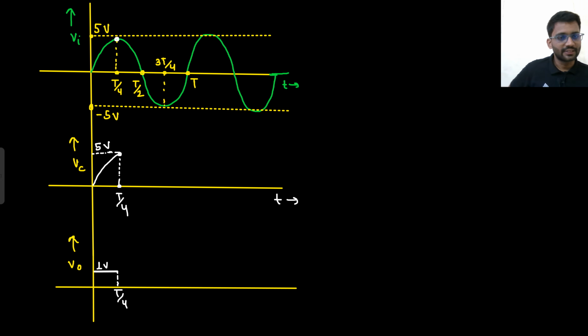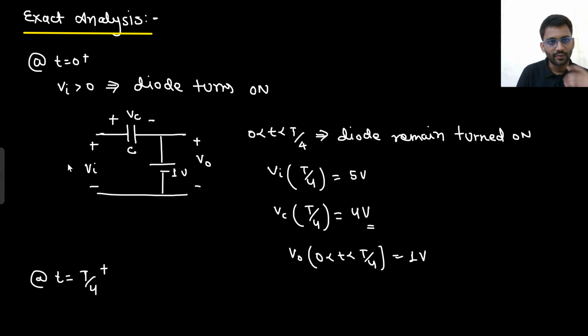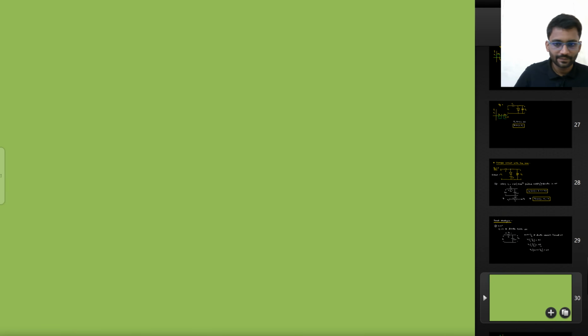Now at t by 4 plus, what is happening? Your applied input will be lesser than 5 volt. Let's assume 4.9 volt. So I guess I should do it on the next page. At t equals t by 4 plus, let's make the diagram first.